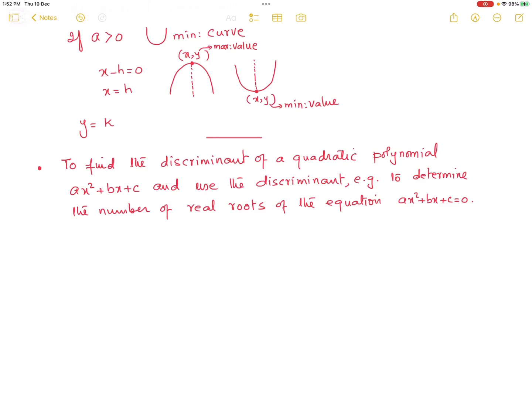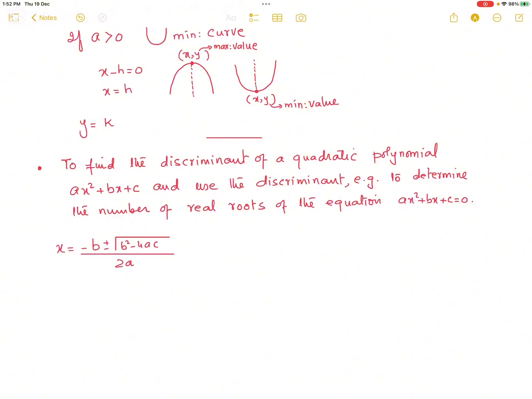Let me explain a little bit about the discriminant. We know that a quadratic equation can be solved with the help of the quadratic formula, and that is x equals minus b plus minus square root of b square minus 4ac, whole over 2a.